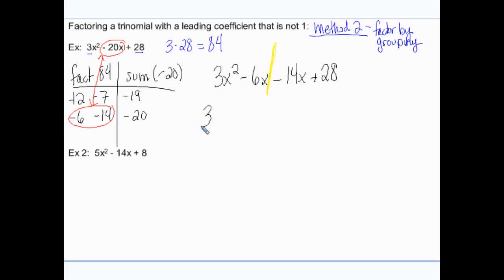And they have an x in common, so I can take one x out. Now, if I take the 3 away from this, and one of the x's away from that, what do I have left? Just an x. And if I take that negative 6 and divide it by 3, it's going to be a negative 2, and I took the x away, so it's gone now.